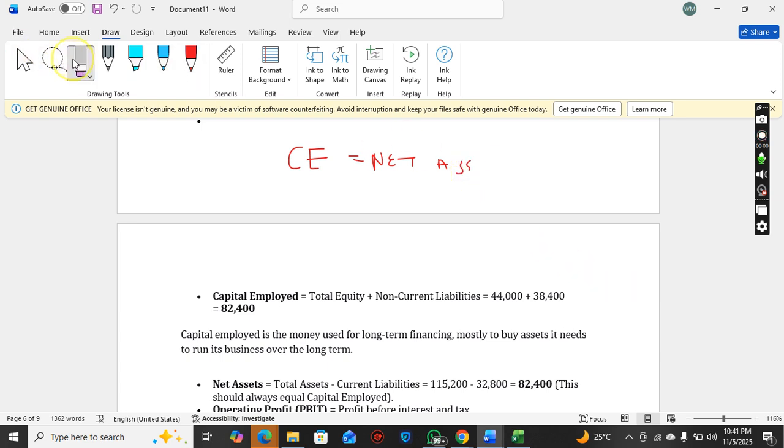Yeah, capital employed must always equal net assets. Okay, so net assets is just your total assets minus your total current liabilities.